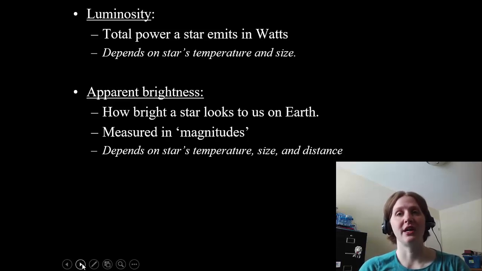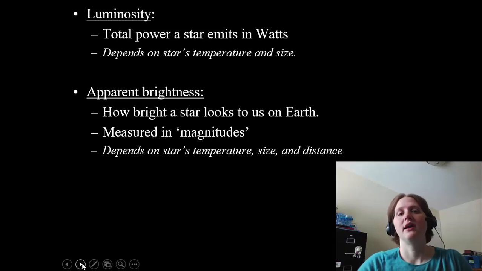And thermal radiation had two laws. The amount of power coming off of a star depends on its surface temperature, because that affects the thermal radiation spectra, the rainbow, and also the size, because a bigger star will have more surface area, and so you'll have more total power coming from it.